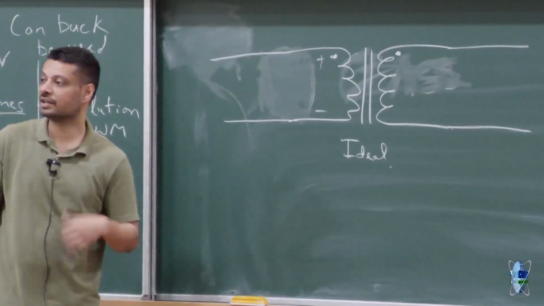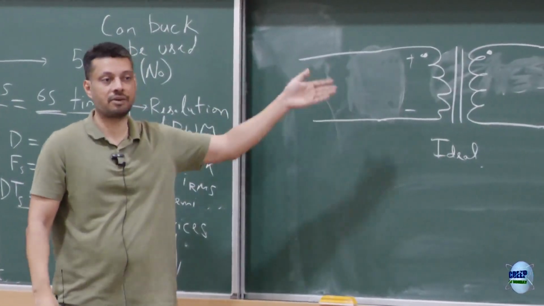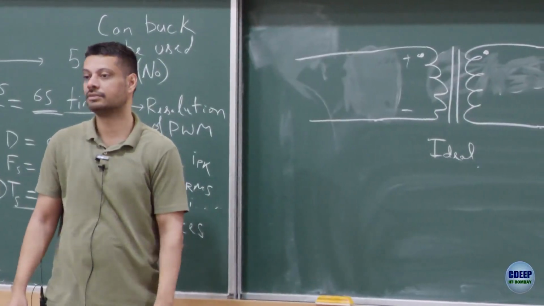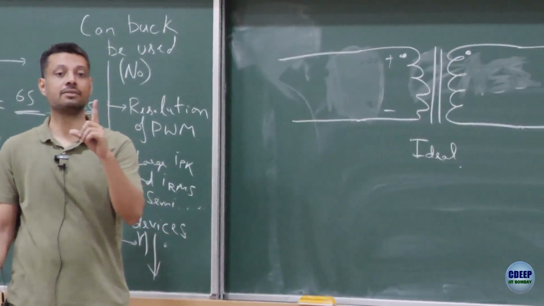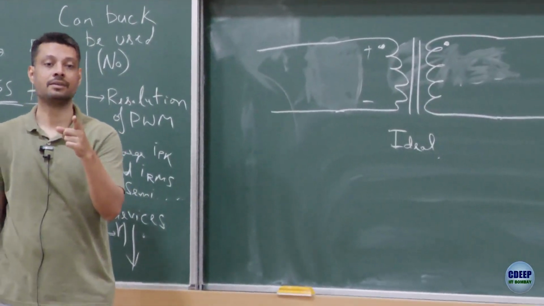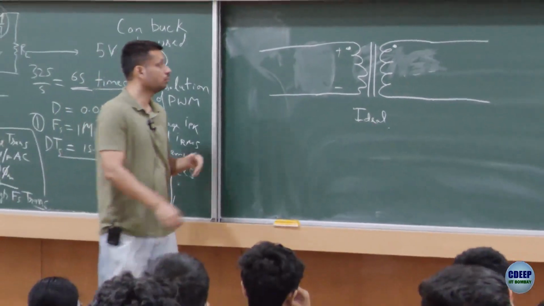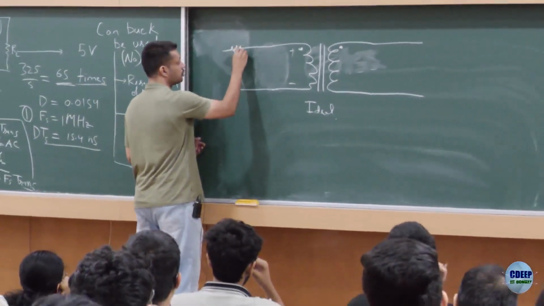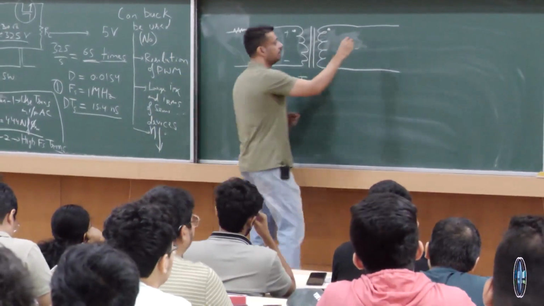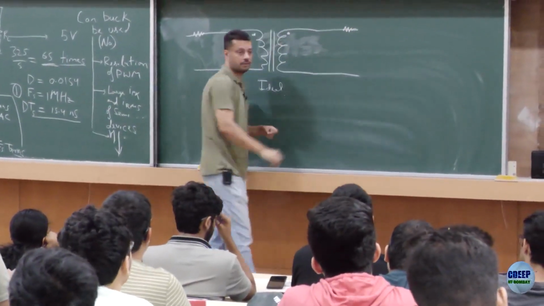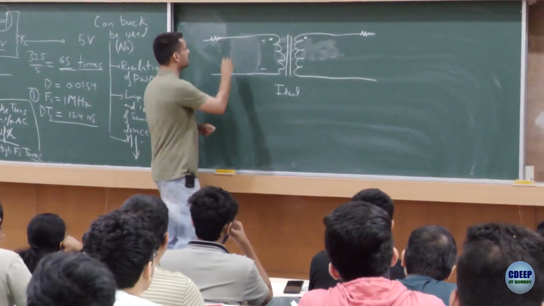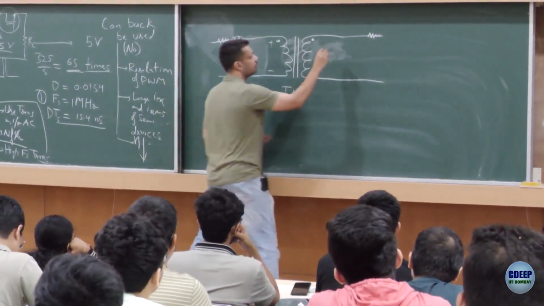What are the additional components in the equivalent circuit of an actual transformer? Resistance to show the copper losses on both sides, right? Winding losses. Okay, what else? Leakage inductance on both sides.